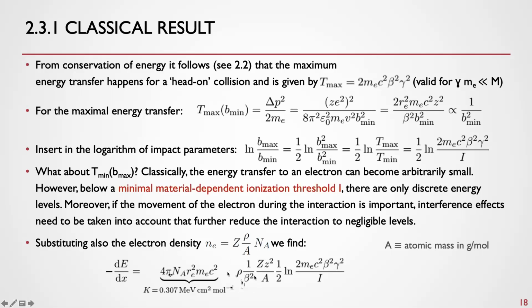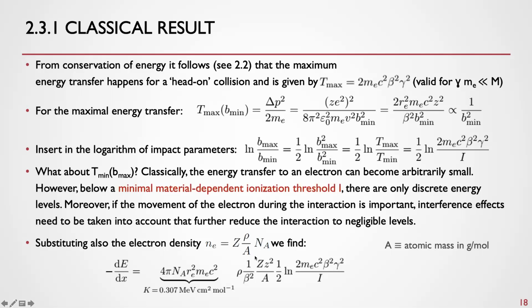The second term, the 1 over beta squared, tells you that the energy loss is very large at low velocities. Then there are factors C and C squared. The capital C is the atomic number, so it's the number of electrons per atom in the target material.